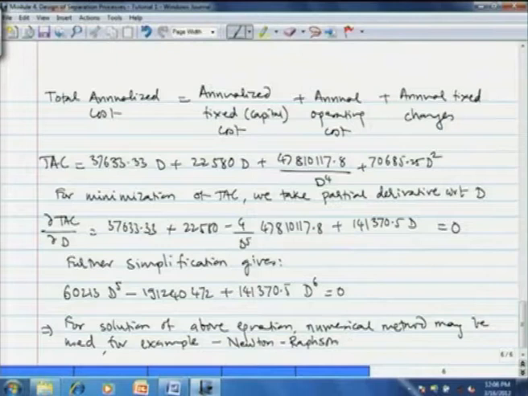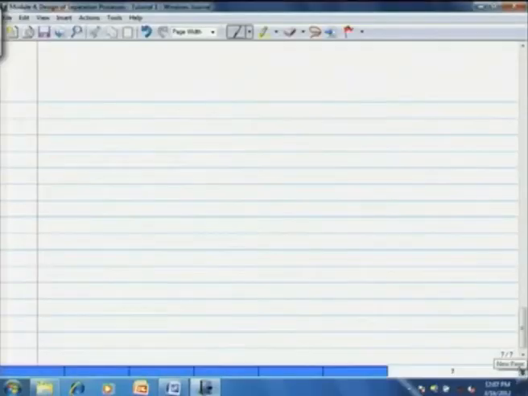Newton-Raphson method subroutine is available in all simple software like MATLAB or Polymath or Maple. Okay. So you can very easily put this equation, give a guess, let us say a guess of 1 or 2 or 3, D is equal to 1 or 2 or 3, and then you can get a solution. So I have done it, and then I have solved it with the Newton-Raphson method.